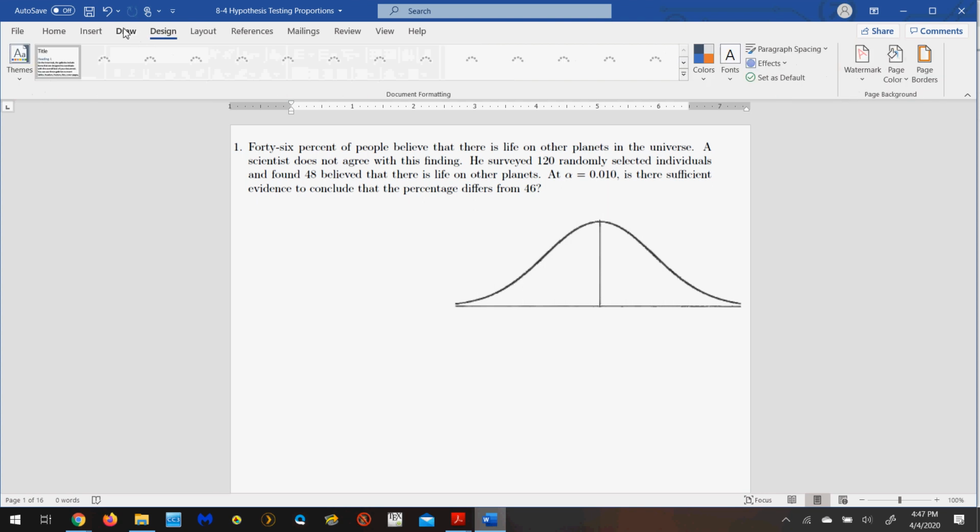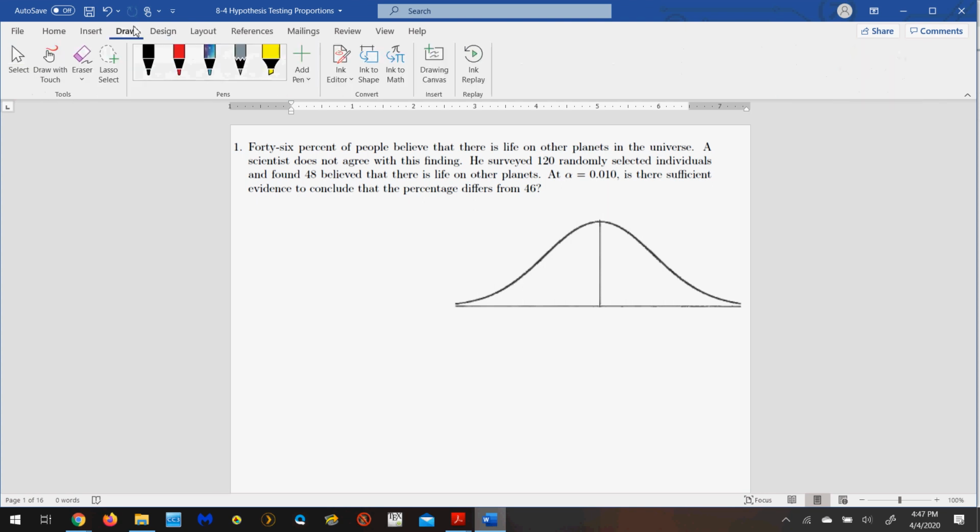A scientist does not agree with this finding. He surveyed 120 randomly selected individuals and found 48 believe that there is life on other planets. At alpha equaling 0.010, is there sufficient evidence to conclude that the percentage differs from 46?